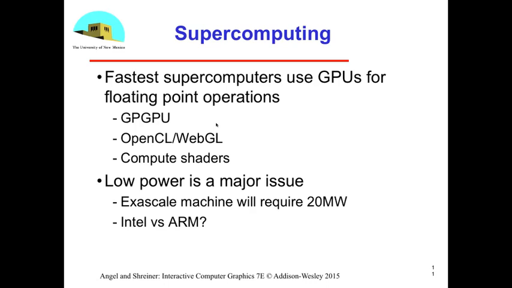So it's very interesting that the fastest one in the U.S., which I think is the second fastest in the world, uses NVIDIA GPUs. It's a GPU machine. Now you can do a little of that yourselves with things like OpenCL and compute shaders, because that's how you'll control them.